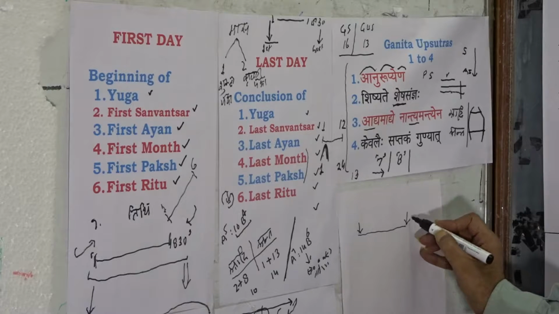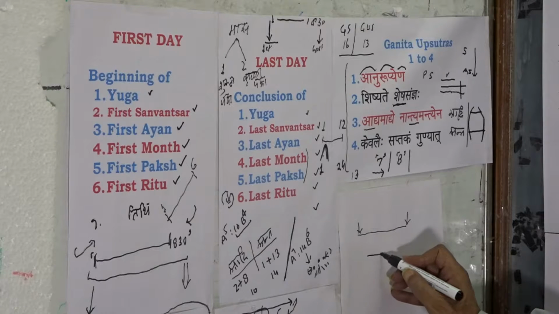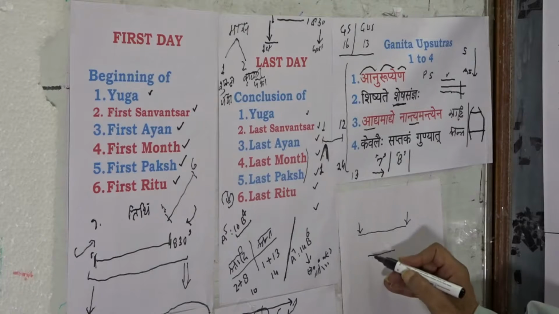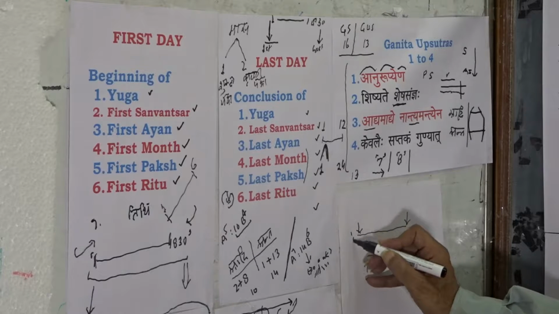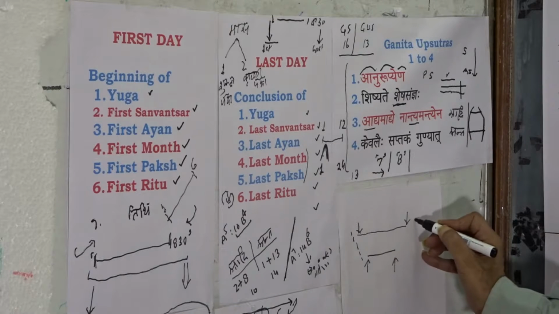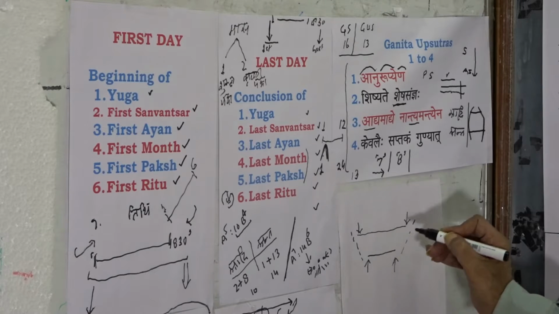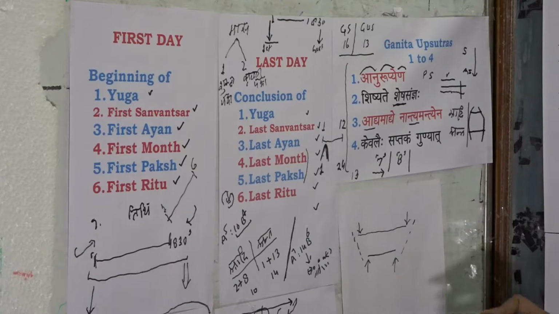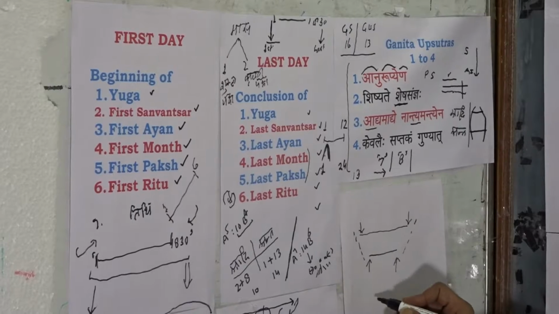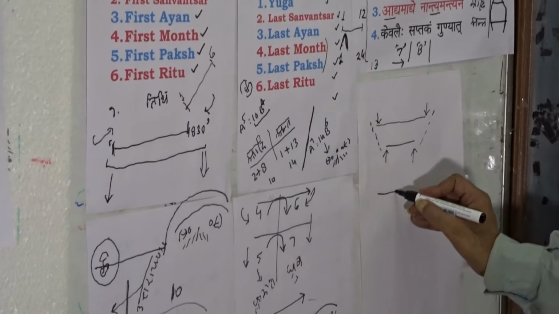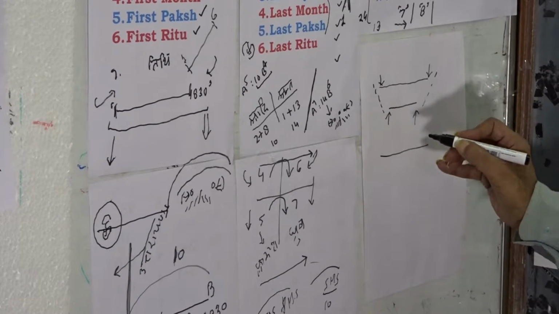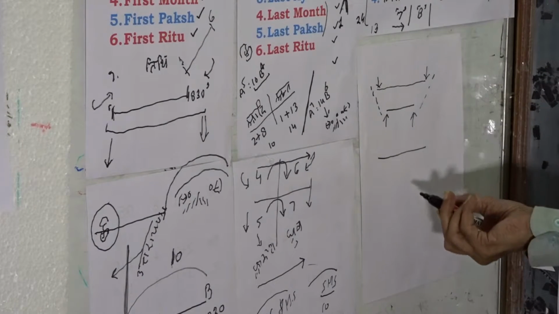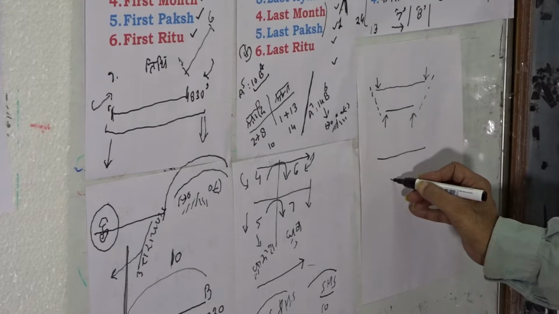And when we want to have a comparison of, say, two different flow lines, here will be a beginning and here will be the end. When we want to compare the two, the beginning is to be with the beginning and the end is to be with the end. Let us see, we want to have a yuga. So it is of a 5 years duration. And if we have a ritu, then it will be a different unit.